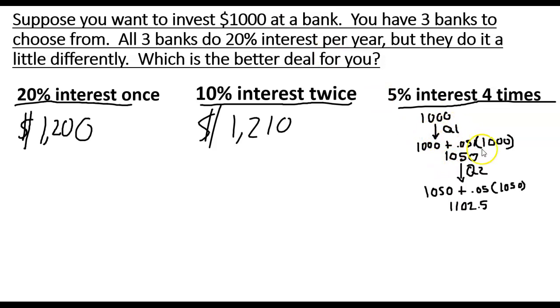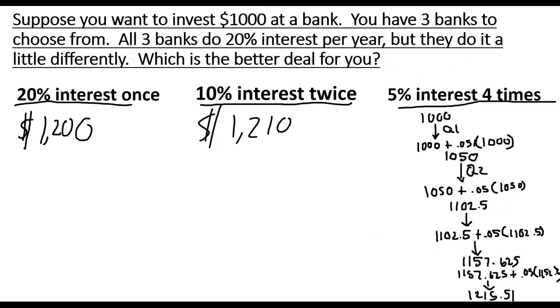Then another quarter goes by, and they give us another 5%. 5% of 1,050 added to 1,050 gives me this. And then in the third quarter, we're at 1,157. And then finally at the fourth quarter, we're at 1,215.51. And so all that to say, we are now at the final amount.